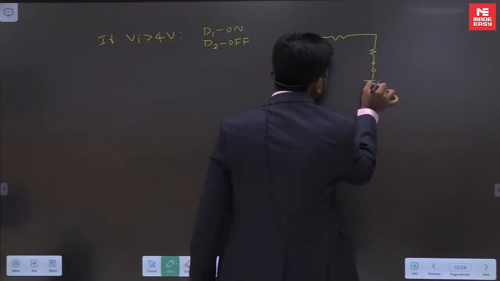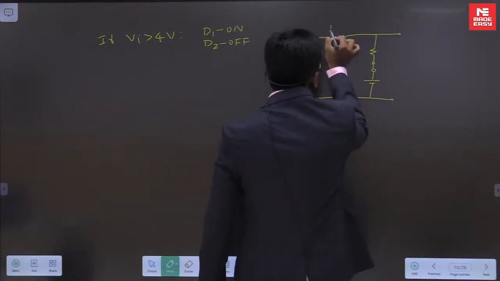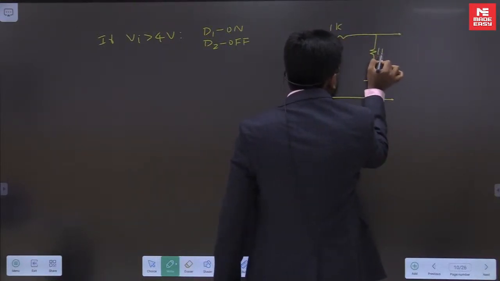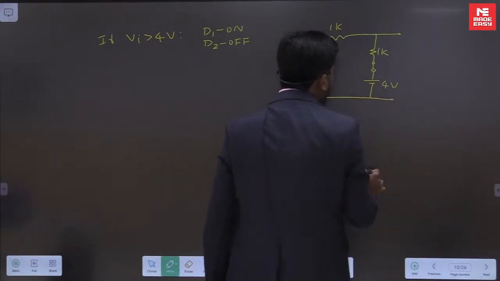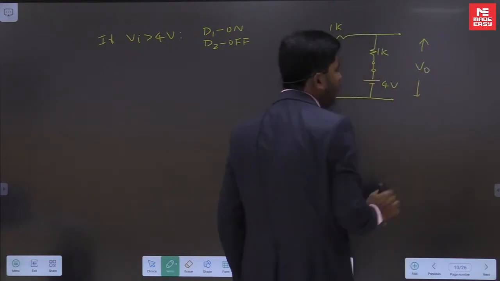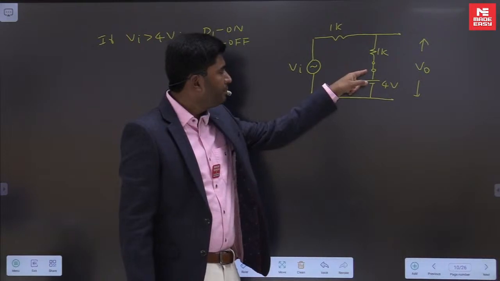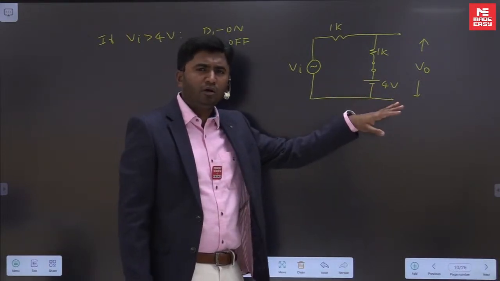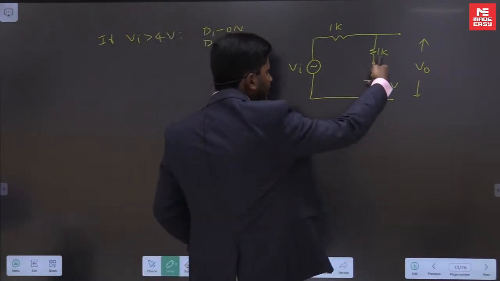The D1 I will replace with a short circuit. This is 1K and this also 1K. Okay, and this is your V0. When input is greater than plus 4, D1 becomes on and other diode D2 will be off. Let us forget about D2. Just replace D1 with a short circuit.